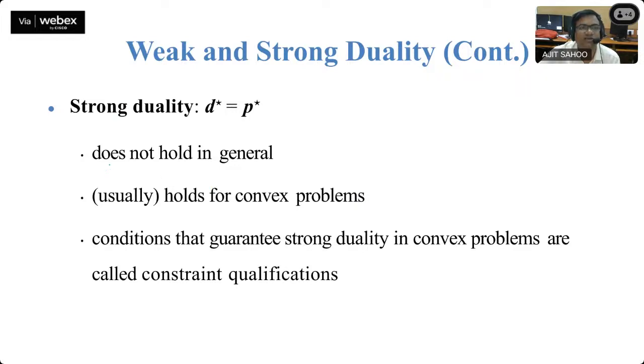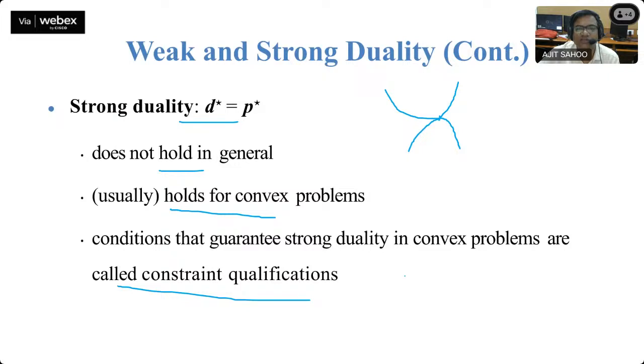Strong duality does not hold in general, but it usually holds for convex problems. If your primal problem is convex, then generally d star is equal to p star. That means the primal function and the dual function will match this way, so you get the exact solution. Conditions that guarantee strong duality in convex problems are called constraint qualifications.